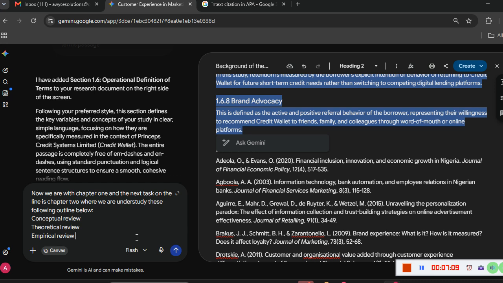Am I leaving anything out? The concept, the theory, and the empirical review. Okay, so I'm not leaving anything out. What could have been included is the conceptual framework. We already have that. So let's see.